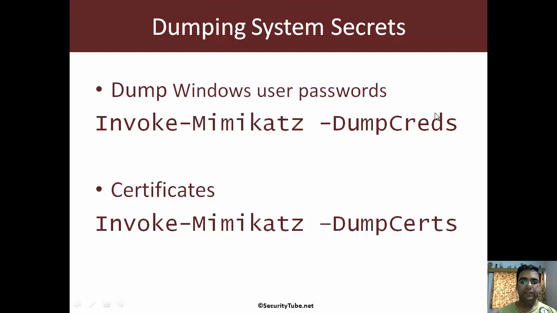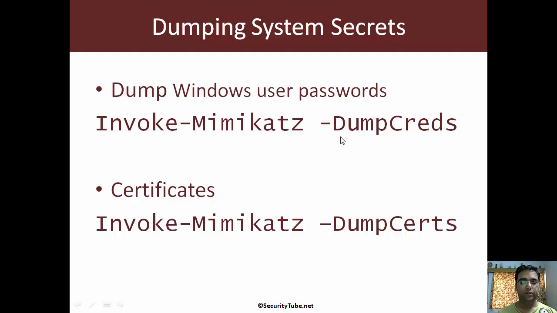So let's start with Invoke-Mimikatz from PowerSploit. As the name suggests, Invoke-Mimikatz can be used to execute Mimikatz completely in memory, and any command which you can execute with Mimikatz can be executed with the help of Invoke-Mimikatz as well.